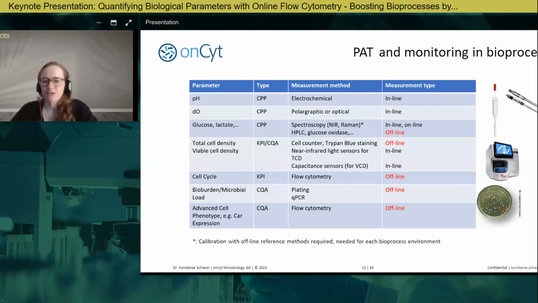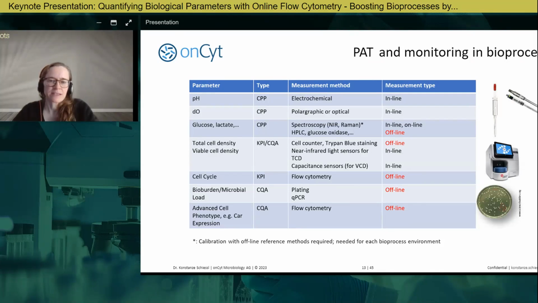Okay, good. So this is the last slide on the PAT concept. And I just wanted to give an overview of parameters that are typically measured in bioprocesses. What type would it be?